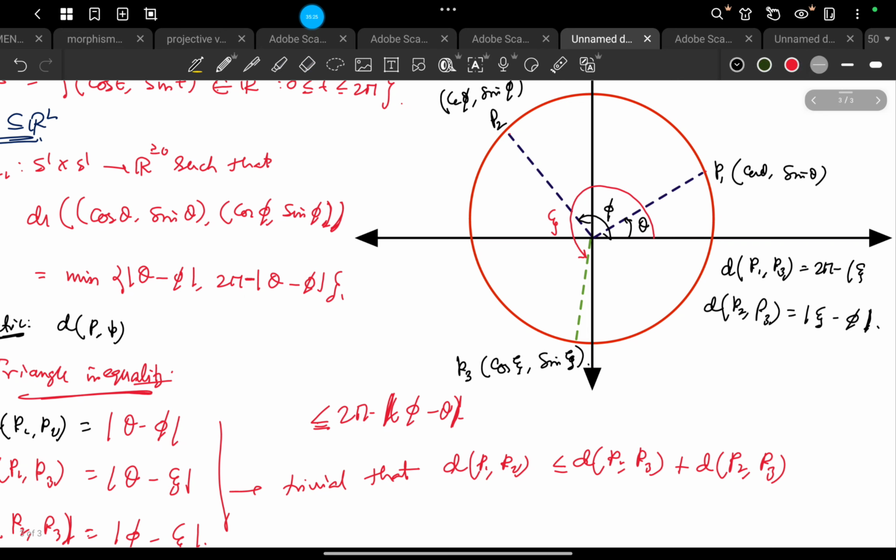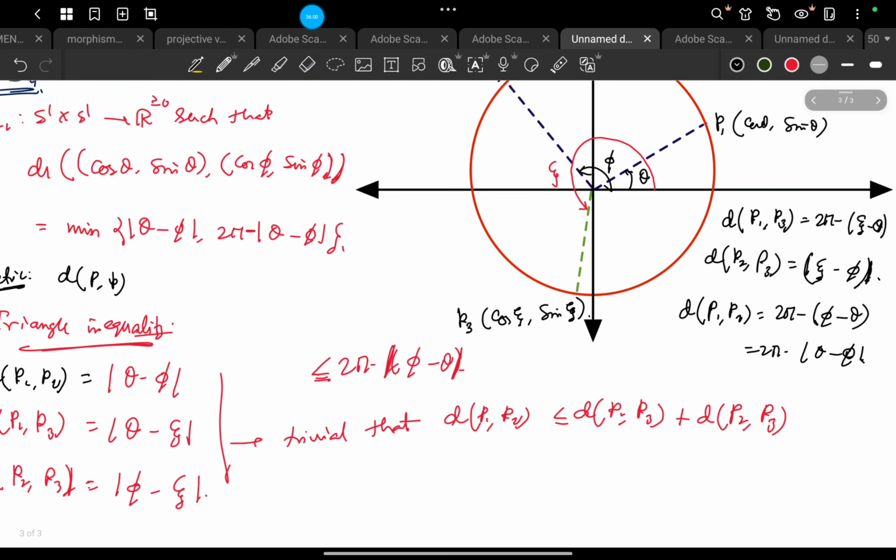It will be just xi minus theta, and xi minus phi. If we add them up, we get that d of p1 p2 equals 2 pi minus (phi minus theta). So it is basically 2 pi minus modulus of theta minus phi, because phi is larger than theta in this case.